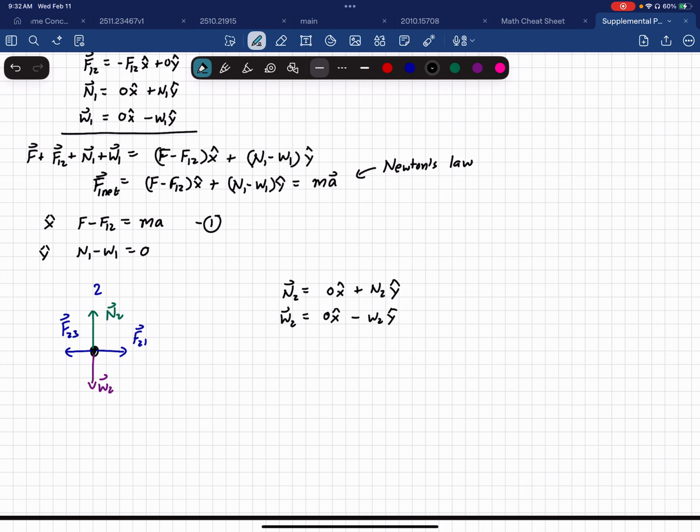Then you have F23, which is negative F23 x hat plus 0 y hat, and then F21 x hat plus 0 y hat.